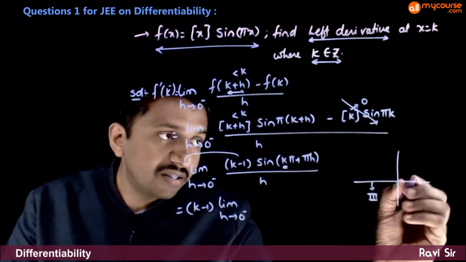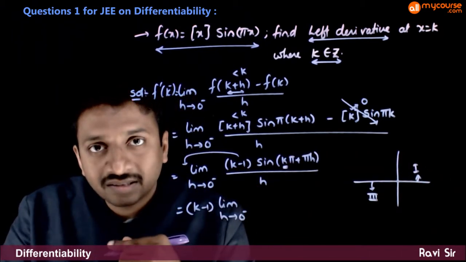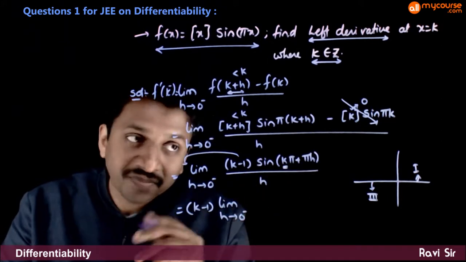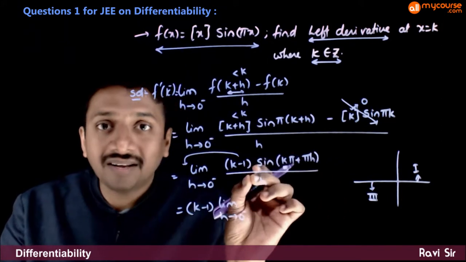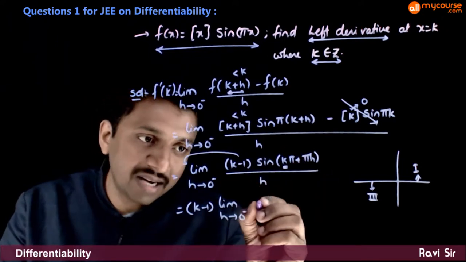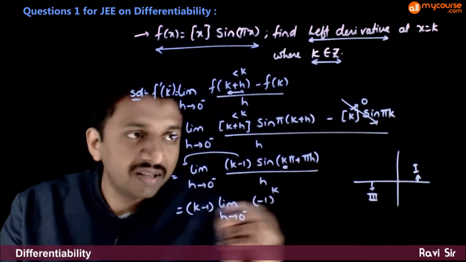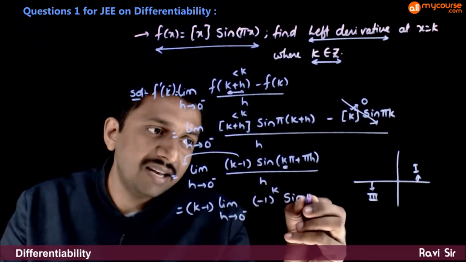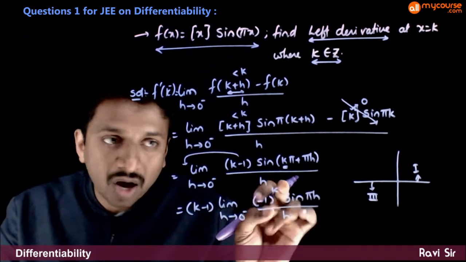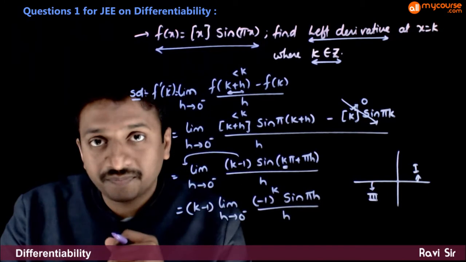If k is even, the angle lies in the first quadrant. So if k is odd, you get a minus extra. If k is even, you get a plus. So if you simplify this, you get minus 1 whole power k times sine pi h by h. That is, if k is odd, you get a minus 1 extra. If k is even, you get a plus 1.